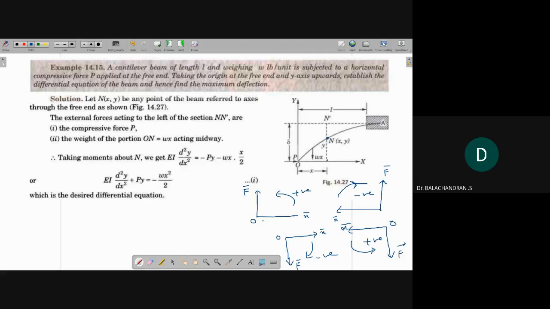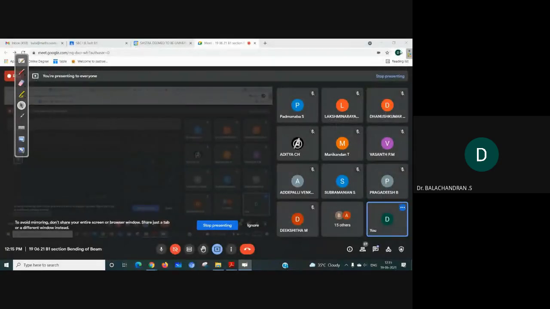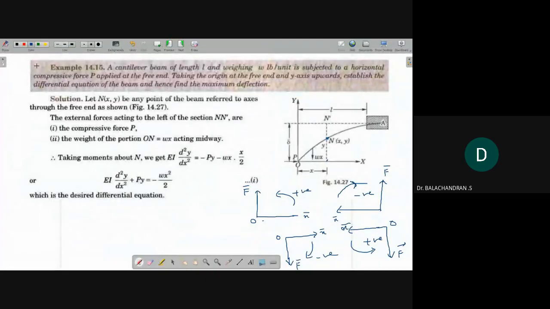Anybody? Aditya? So the second one. Okay, why is it the second one? Can you give the reason? Because of the clockwise direction.